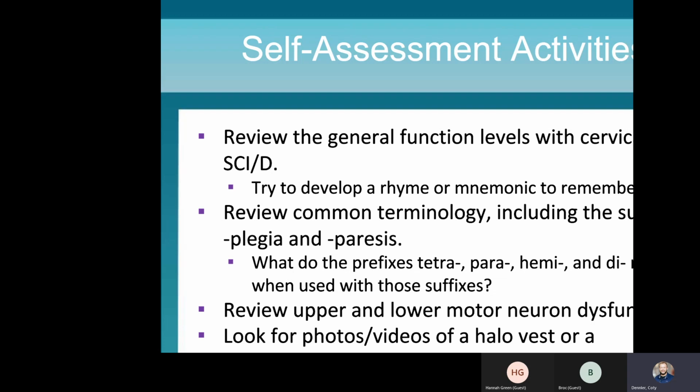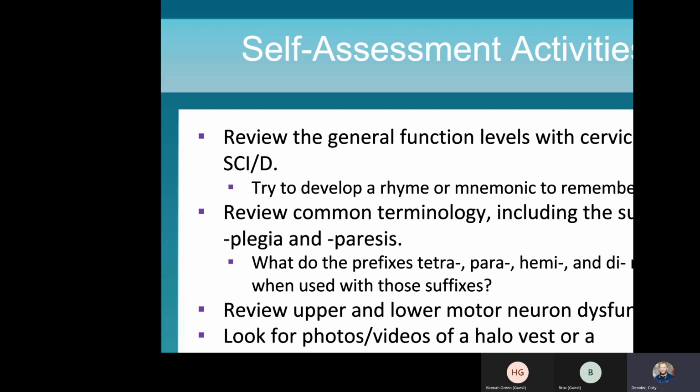There's no communication from below that level, from that lesion and below. So if you have a C-level spinal cord injury, especially if it's a complete spinal cord injury, there's no more communication between the brain and the spinal cord, so virtually the rest of the body is paralyzed. The lower that you go in the spinal cord injury, the more of the upper body that's preserved, okay?